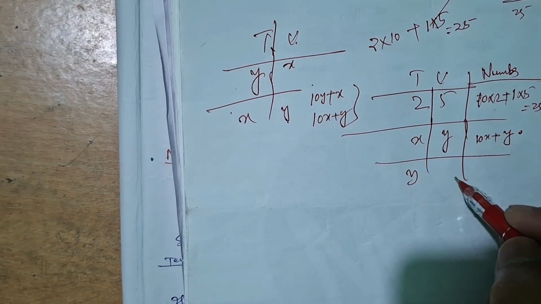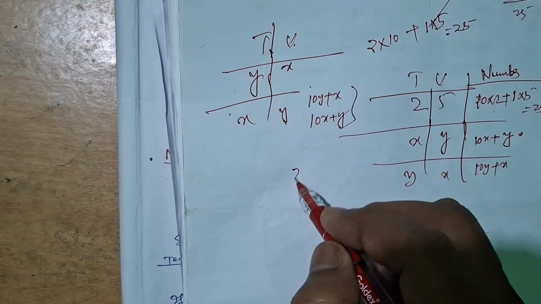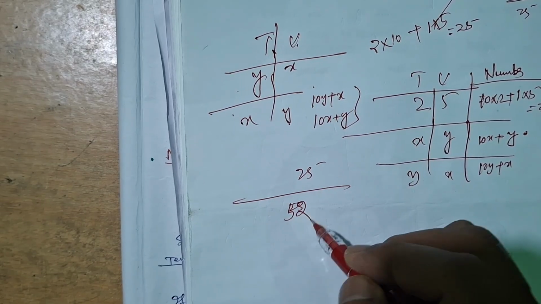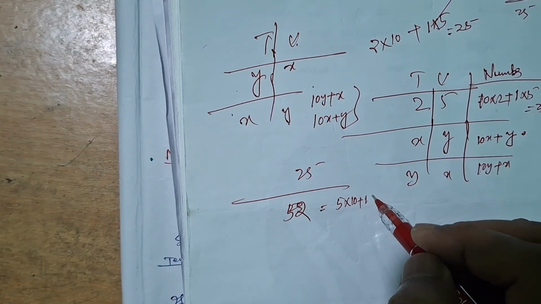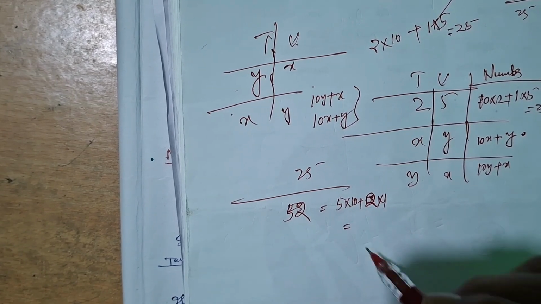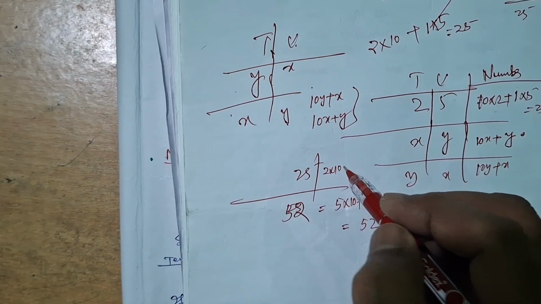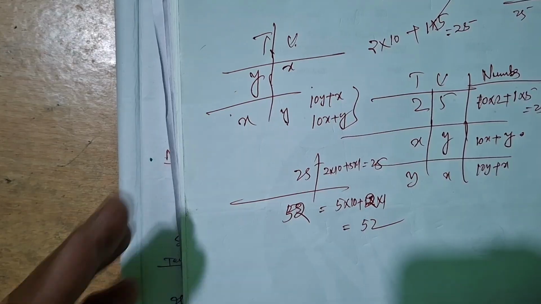When it is yx, it is 10y plus x. Suppose 25, its interchange will be 52. This will be 5 into 10 plus 2 into 1, which is equal to 52. And 25 is 2 into 10 plus 5 into 1, which is equal to 25.